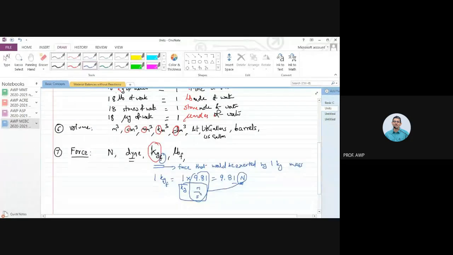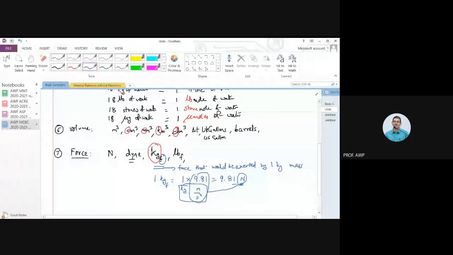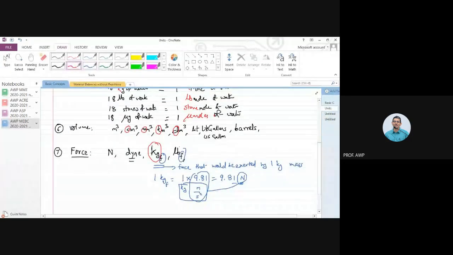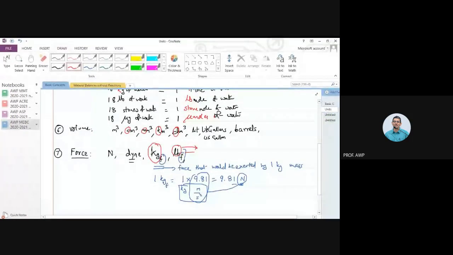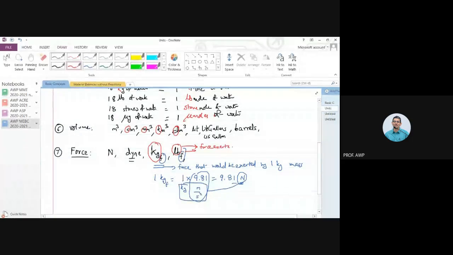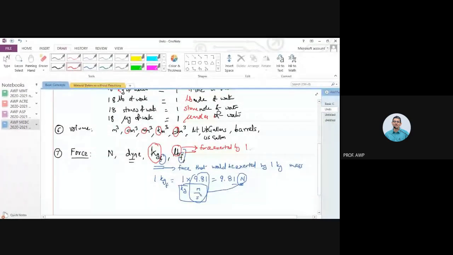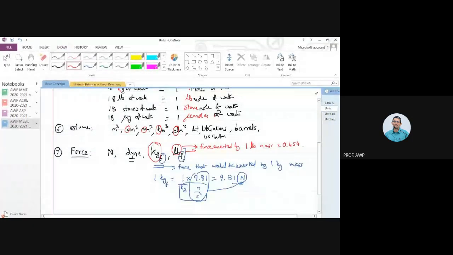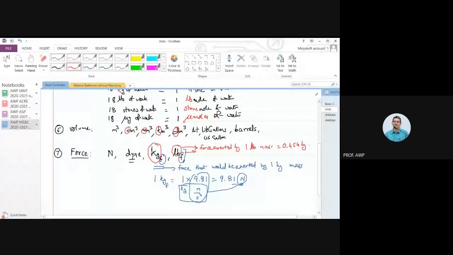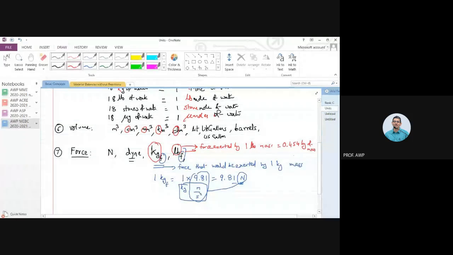So when I say 1 pound force, there are two things in that, force and pound. 1 pound force would be the force exerted by 1 pound mass. That means the force exerted by 0.454 kilogram of mass, isn't it?